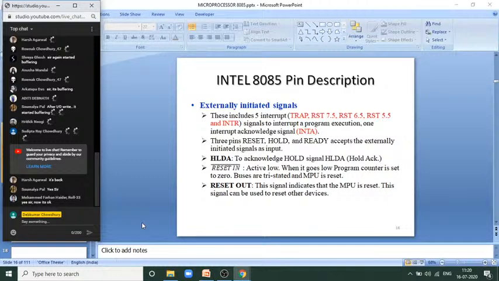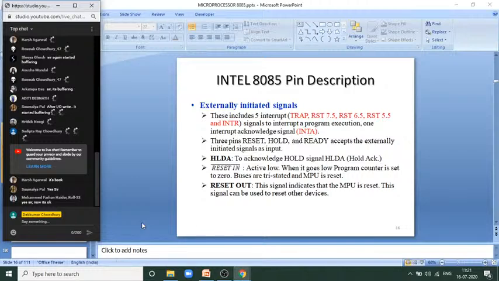The DMA controller, with the help of the HOLD signal, asks the microprocessor that it wants to use the system bus for the time being. Then upon receiving the request, the microprocessor will send an HLDA signal to inform the DMA controller whether it is accepting or not.